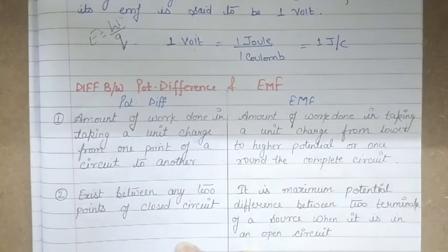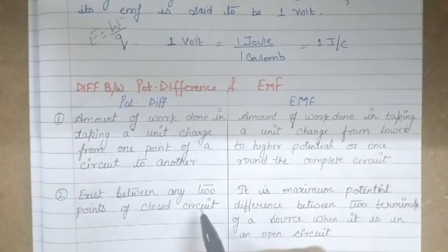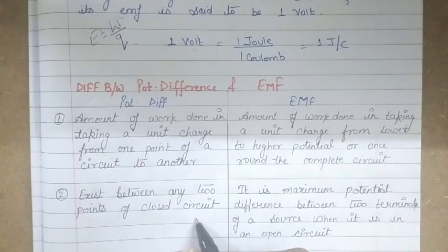Next difference is similar to the first one only, that potential difference exists between any 2 points of a closed circuit. Whole circuit होना compulsory नहीं है.